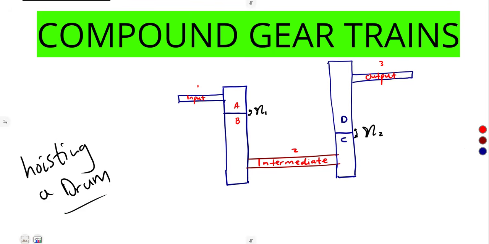So let's say it is hoisting a drum. It is in connection with the output now. The drum that we have will be at a certain mass. You're given the mass of that drum, M representing the mass.